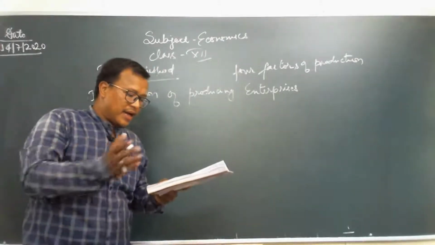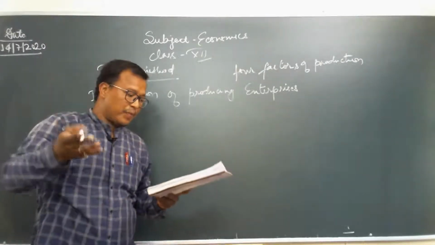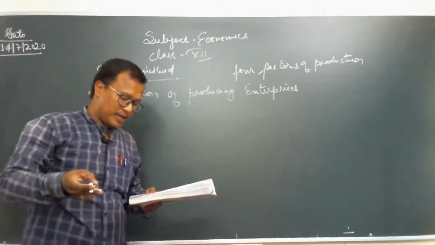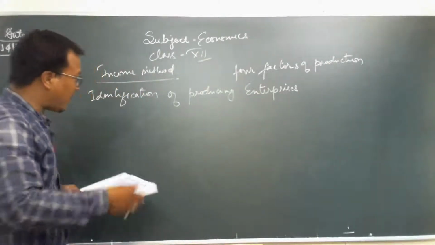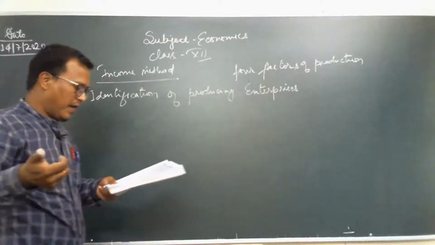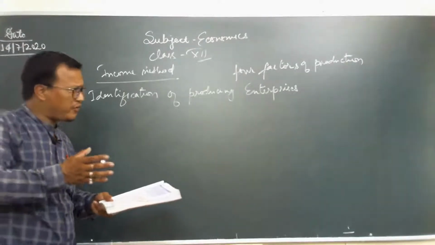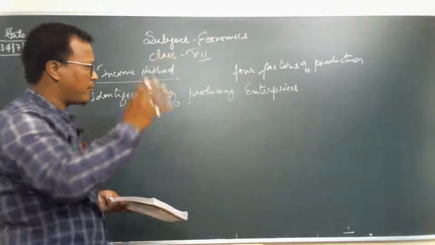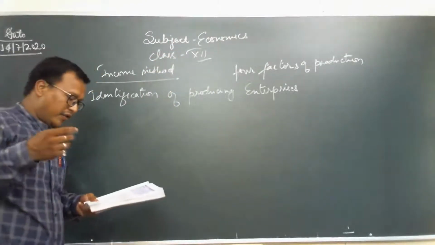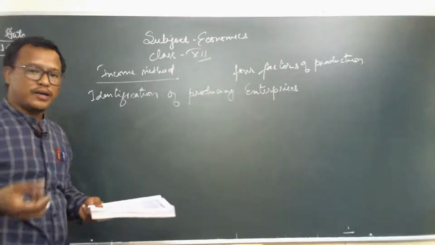The industrial categories of producers are three: primary, secondary, and tertiary sectors. After identifying the producing enterprises, and the four factors of production, the industrial categorization should be done, whether it is primary, secondary, or tertiary.